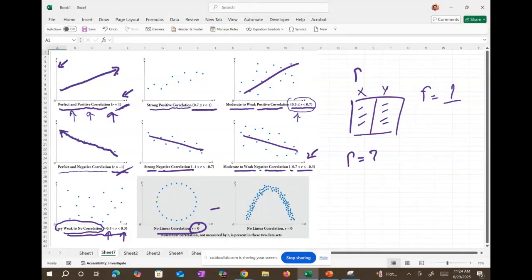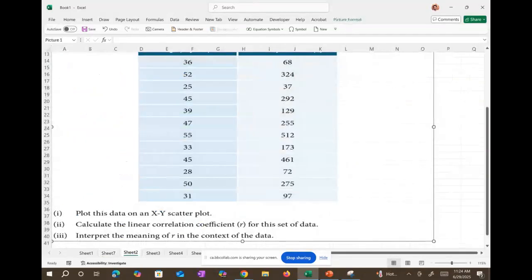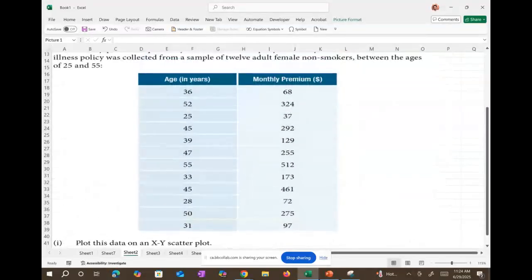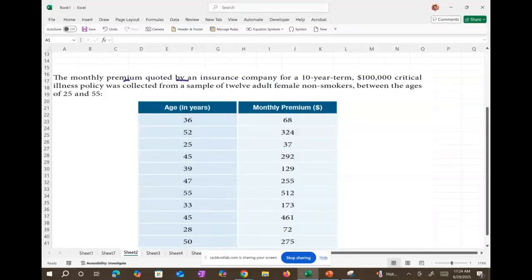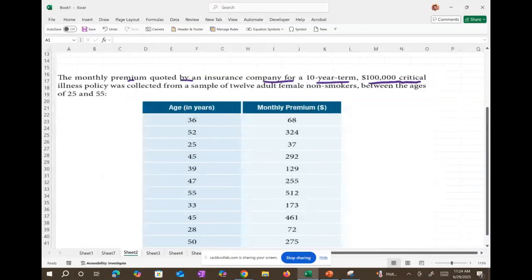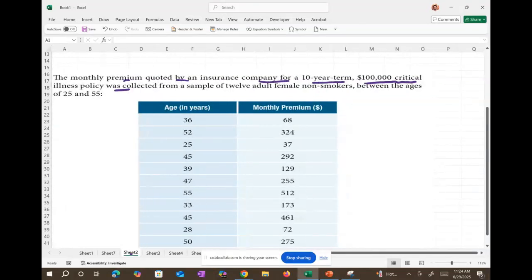Now, how to find the r value? That's the next question. So let's look into this question, which is on the next slide. Down here we are given the monthly premium quoted by an insurance company for a 10-year term, 100,000 critical illness policy, collected from a sample of 12 adult female non-smokers between the ages of 25 and 55.